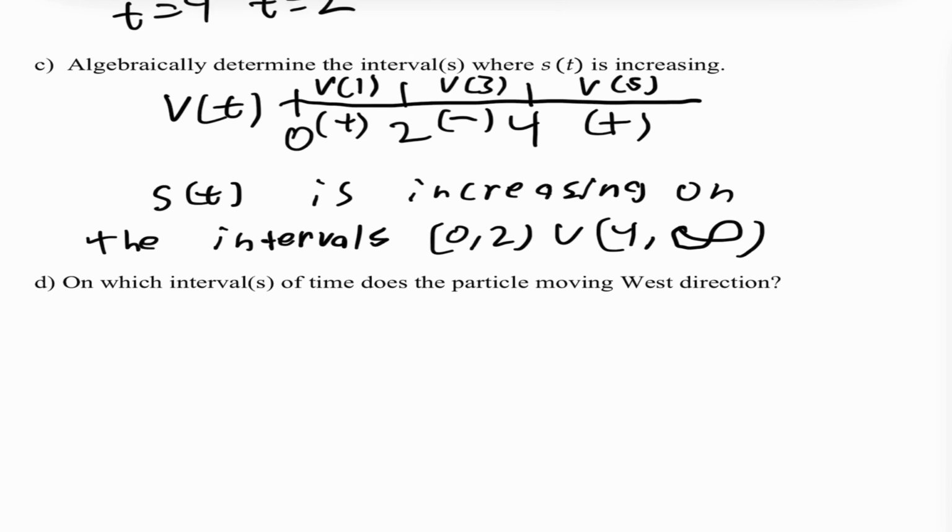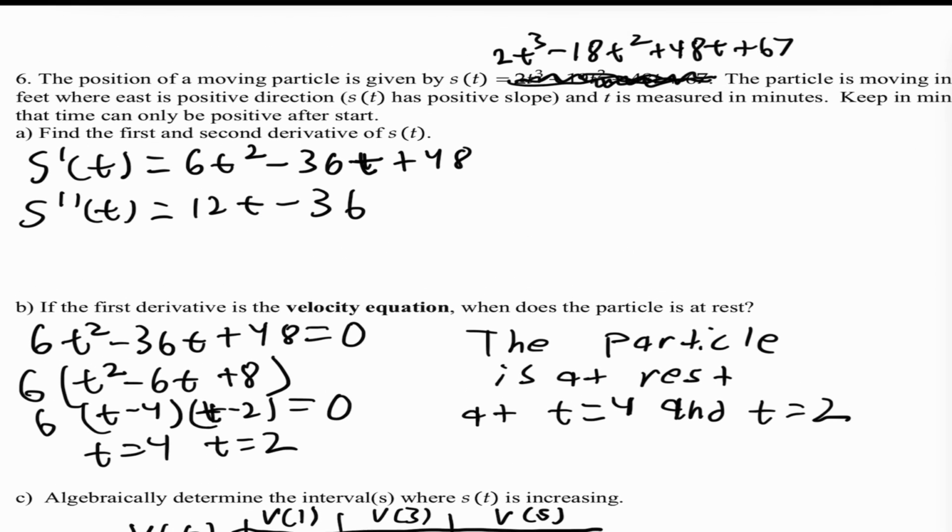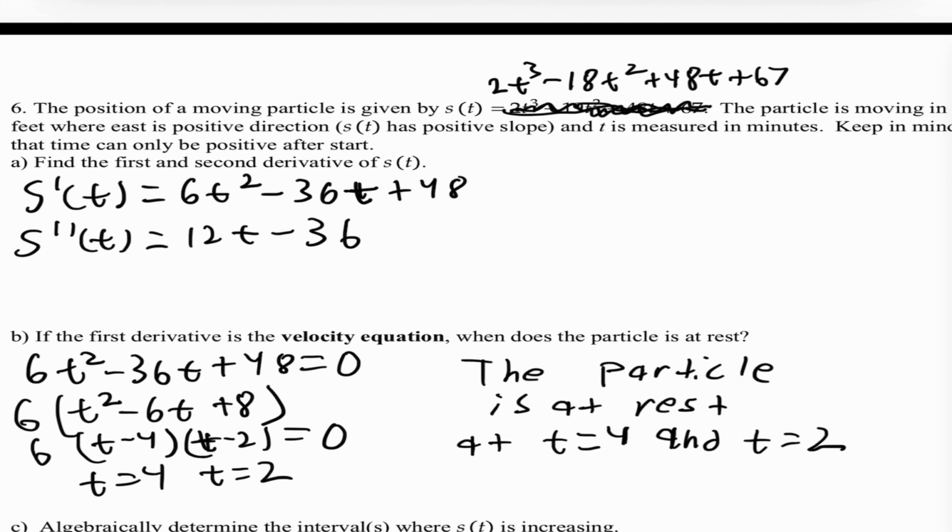D asked, on which intervals of time is the particle moving in the west direction? So we know the particle is moving in the west direction from 2 to 4. If we look back at our original question up here, it mentions that the particle is moving in feet where east is positive direction. So that must mean west is the negative direction.